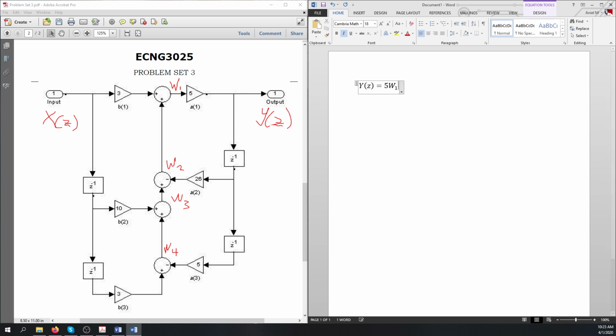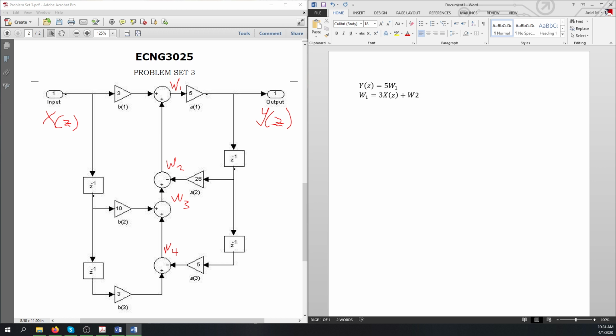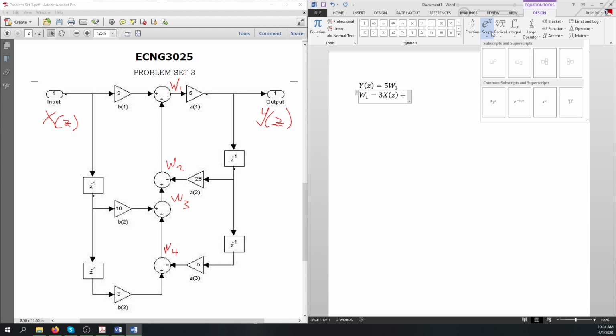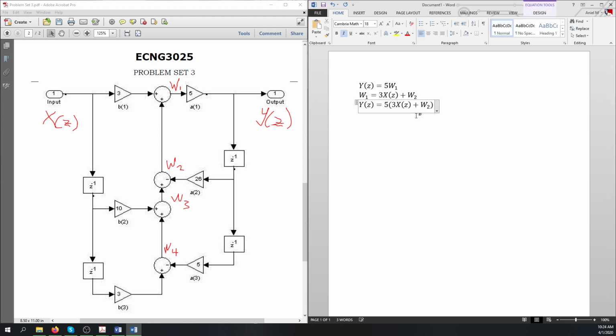And W of 1 here, if you watch this according to this summation point only, is going to be 3x of z plus W of 2. And we can substitute W of 1 into Y of Z. So Y of Z will now be equal to 5 times this, which was W of 1. And then we get 15x of Z plus 5 W2.